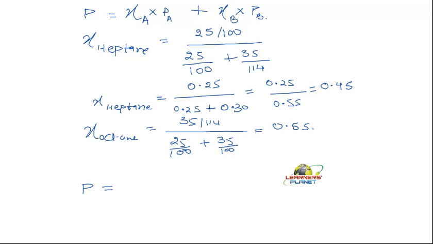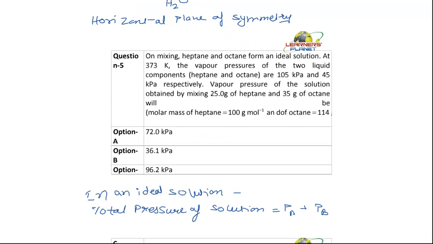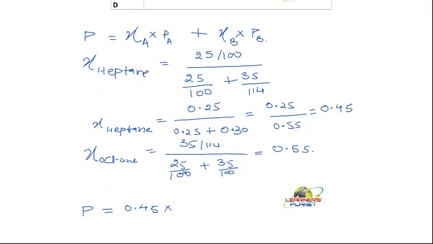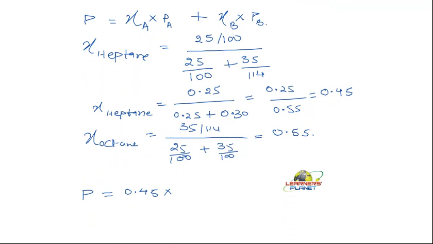Now you want to calculate the total pressure. Total pressure is equal to 0.45, the mole fraction of heptane, into what is the pressure of pure heptane? 105 kilopascals. So this should be 0.45 into 105 kilopascals plus 0.55 into 45 kilopascals.